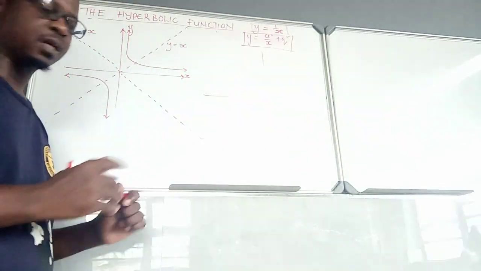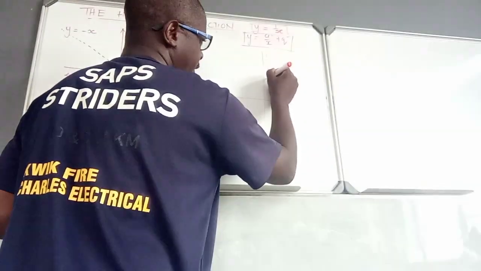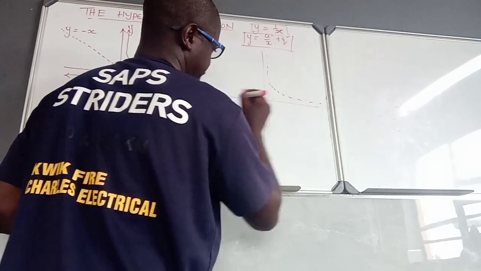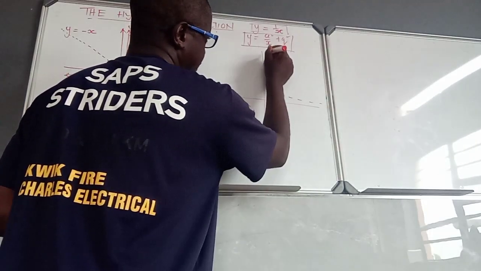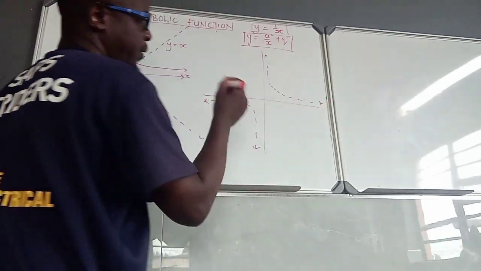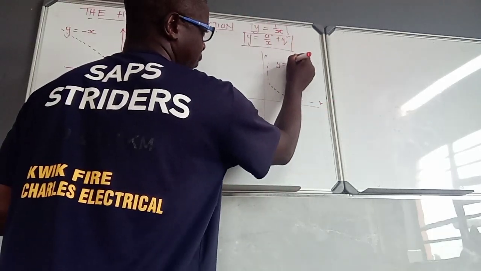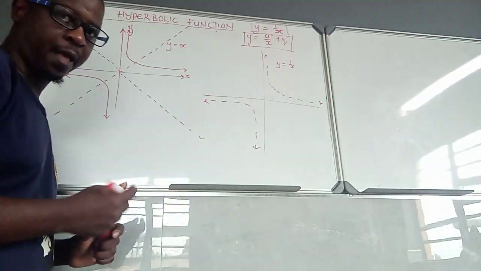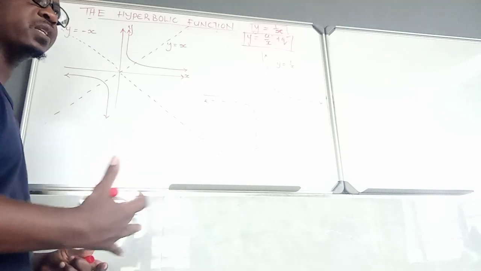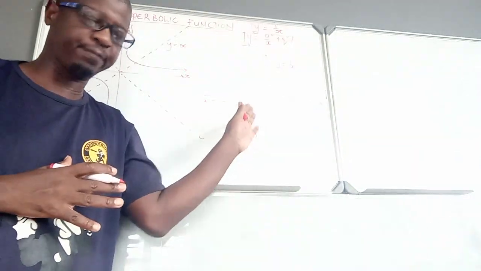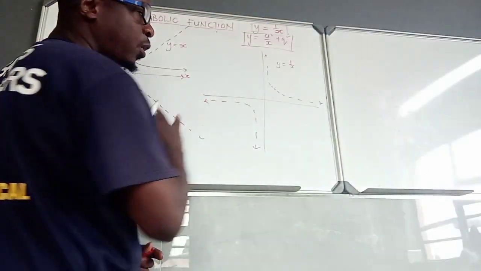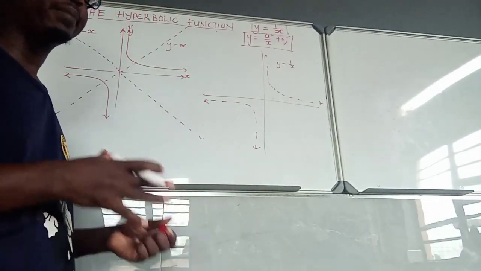Let me write the mother graph in the form of a dotted line like this. So this is y is equal to 1 over x, our mother graph. But now we can transform this graph. Not all graphs are going to be in the form of this basic graph.